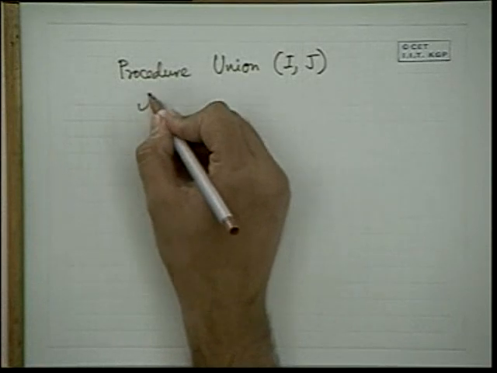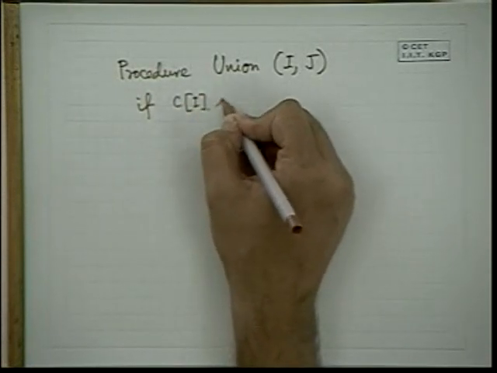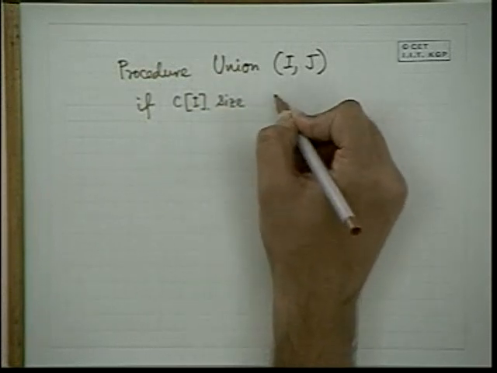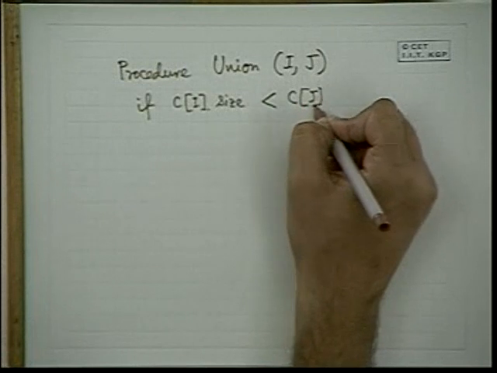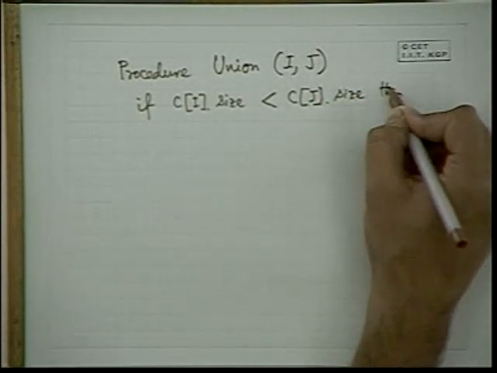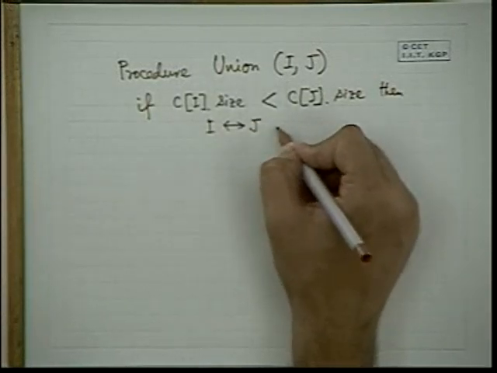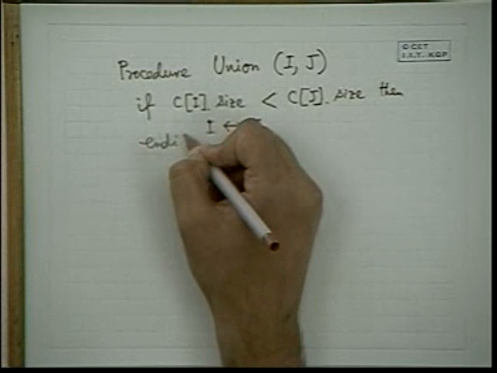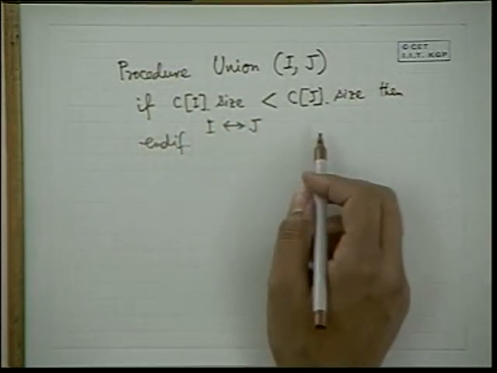So first we check if Ci dot size is less than Cj dot size, then basically exchange I and j. Exchange means just the value of I and j are exchanged.